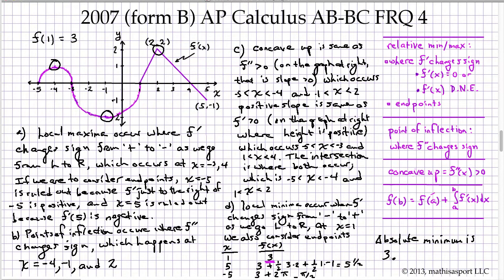Notice they didn't ask us where it occurred. We needed to find that out along the way, but what they wanted to know was the height. And recall, we could have found this height in more than one location. Okay. It is, again, the height that they're focused on when they ask what the absolute minimum or maximum is.